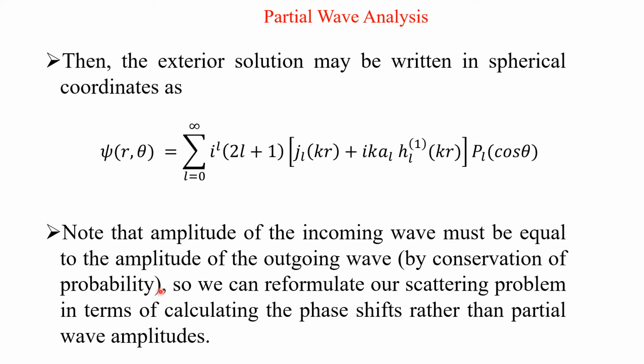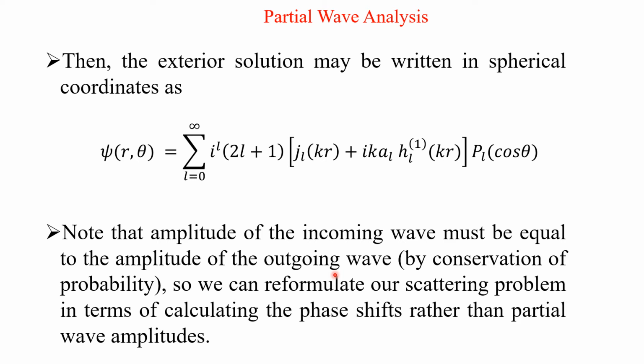At all angles, the probability of the number of particles scattered, we have taken to be spherically symmetric, so it is independent of phi. So the amplitude of the incoming wave must be equal to the amplitude of the outgoing wave.